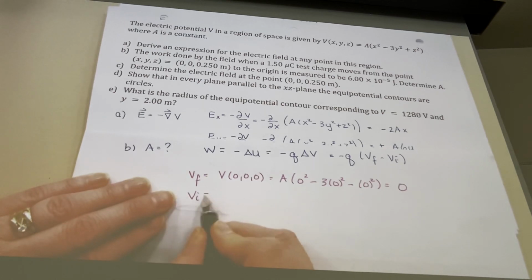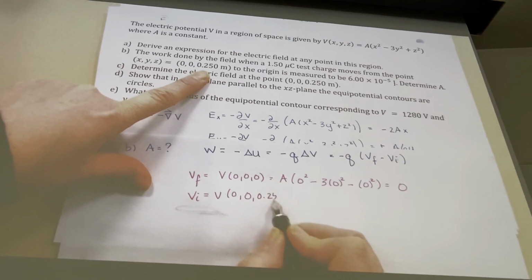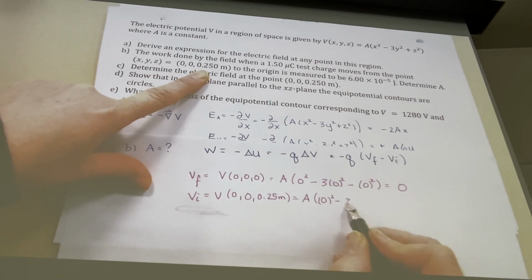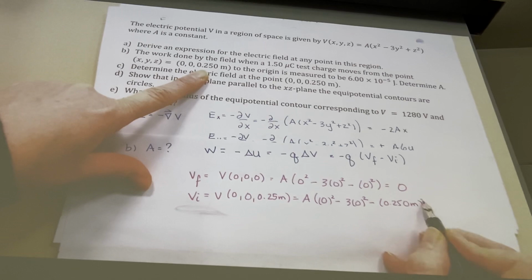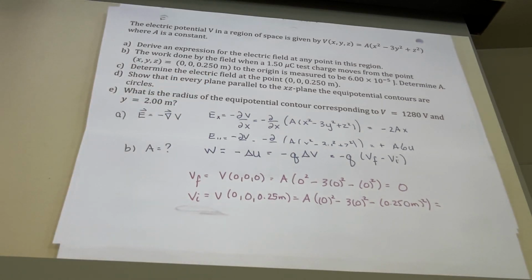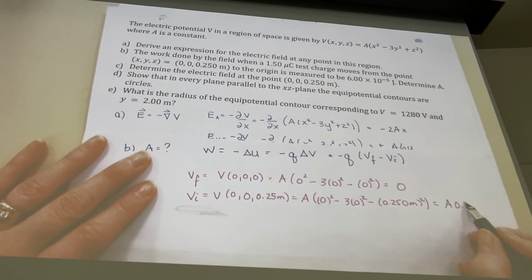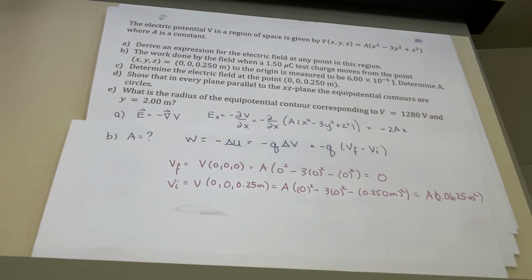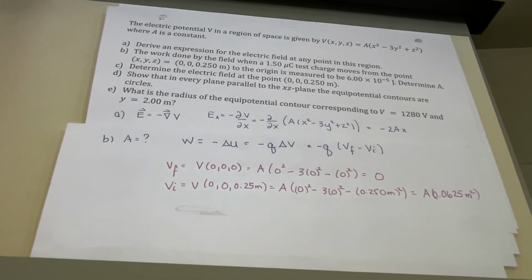My initial potential is my potential when I'm at x equals 0, y equals 0, and z equals 0.25 meters. So 0.25 squared is 0.0625, so that's A times 0.0625 meters squared. So we can put these in for our potentials. We know our charge, we know our work.